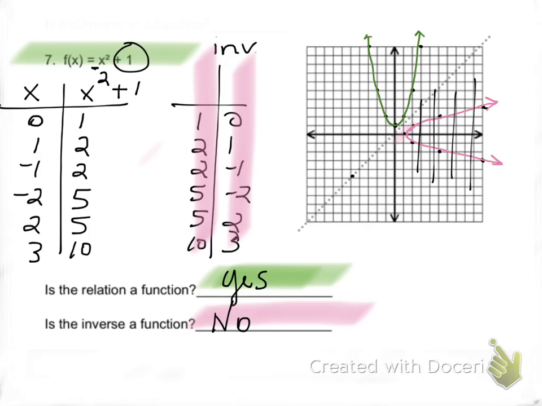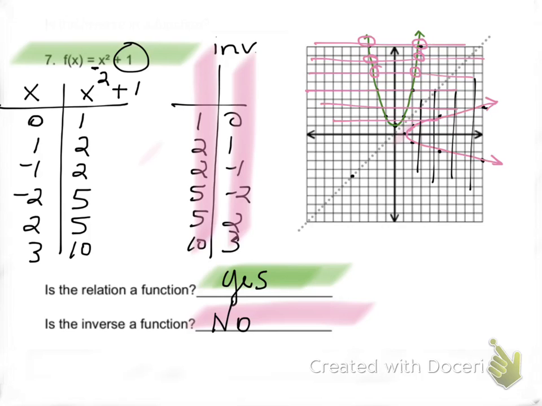Well, what that means is you perform the horizontal line test on the original function. You draw horizontal lines, and I'm drawing them in pink because that's predicting the inverse, and you can see that these horizontal lines cross that function in two places. So it fails, in this case.